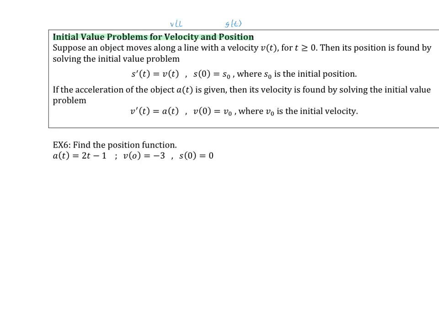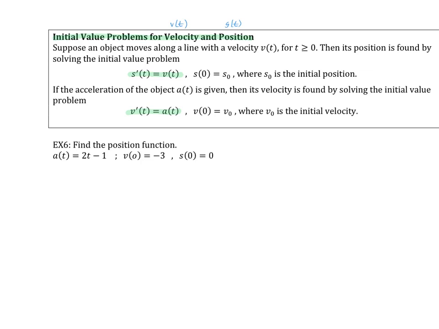Velocity we looked at as being v of t. Going back to previous sections, remember that when you take the derivative of your position function, that gives you the velocity function. And when you take the derivative of the velocity function, you get the acceleration function. So you go from position, derivative, velocity, derivative, acceleration.